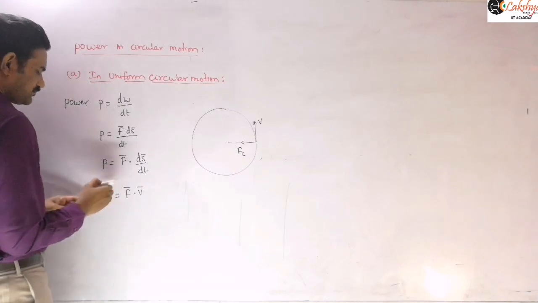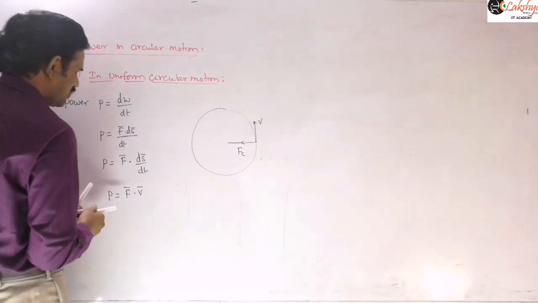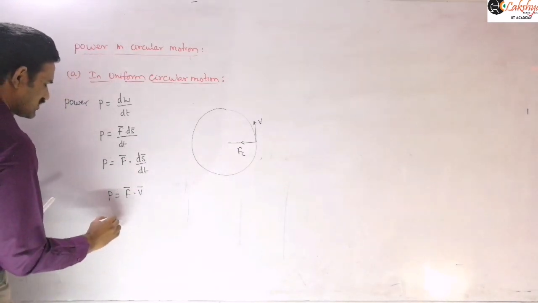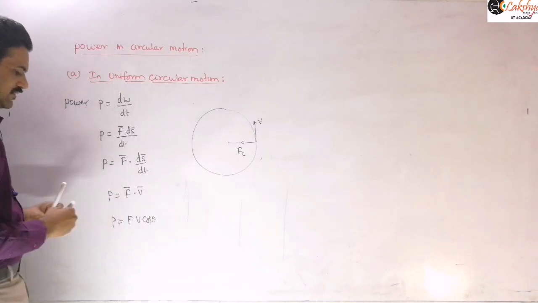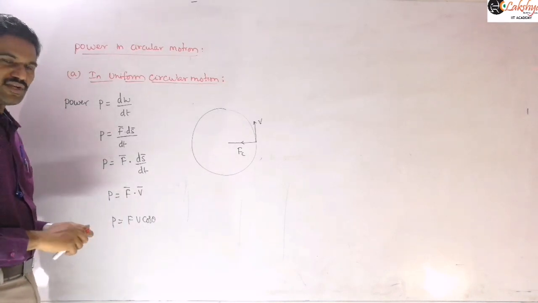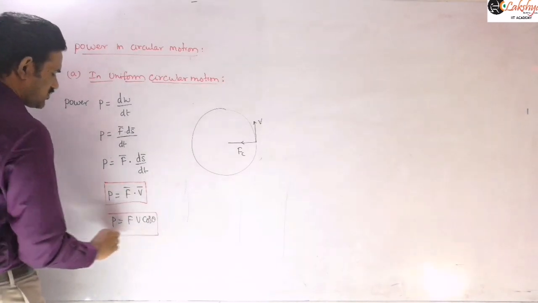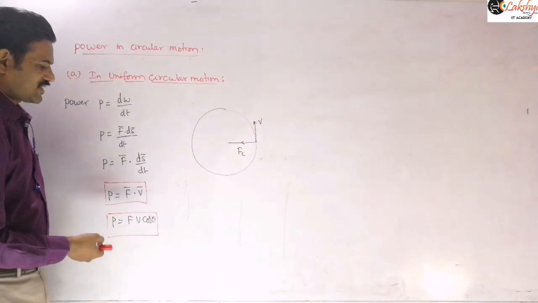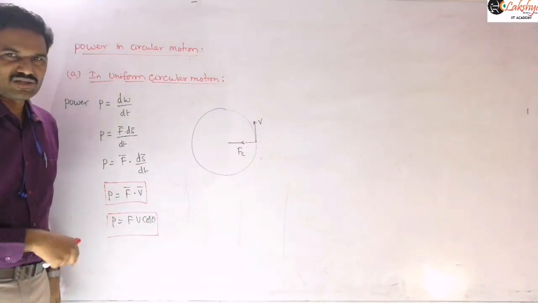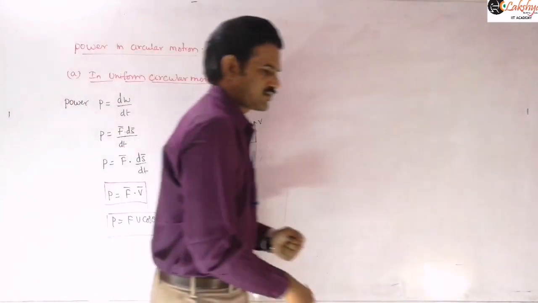This is our power formula here. You can also express this as Fv cos theta, where theta is the angle between the force and velocity vectors. This is the vector dot product form, and this is the magnitude form, that means Fv cos theta. Power is a scalar quantity, and the dot product of vectors gives a scalar. All those things we discussed in the product of vectors.